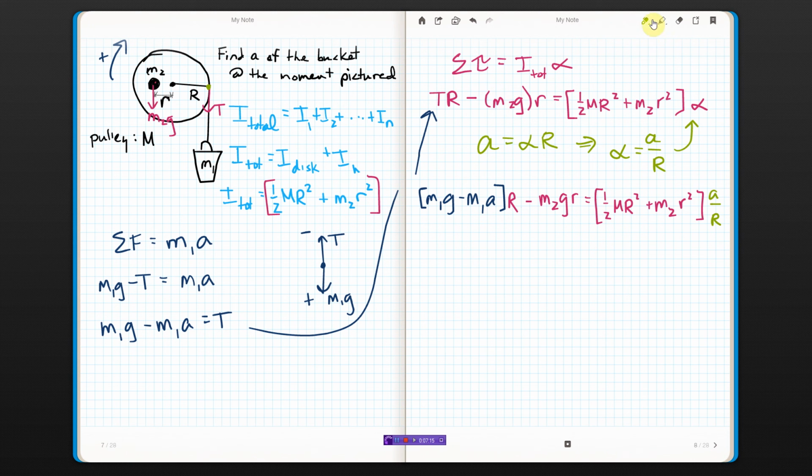Well, okay. Let's distribute this R through here, so I get M1G big R minus M1A big R minus M2G little r equals, let's distribute the A over R through, so I get 1/2, okay, let me think about this.